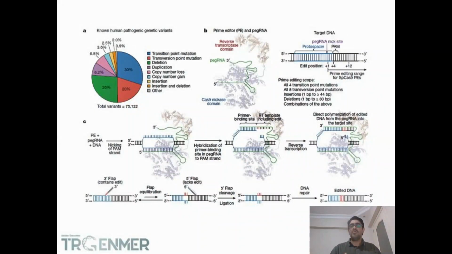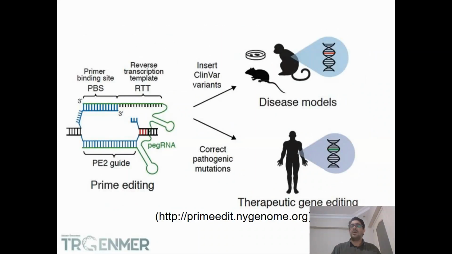So how can we design the pegRNA? There are different websites or databases. One of them is primeedit.nygenome.org, and in that case you have two potential capacities. One is you can produce the pegRNA to make disease models in animals.